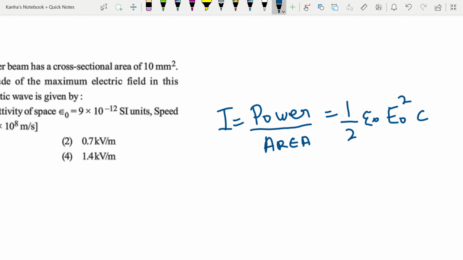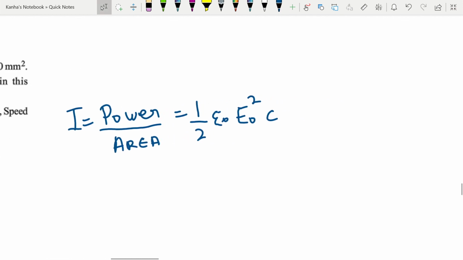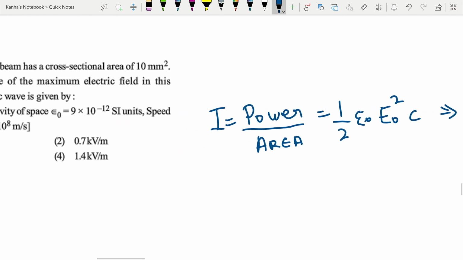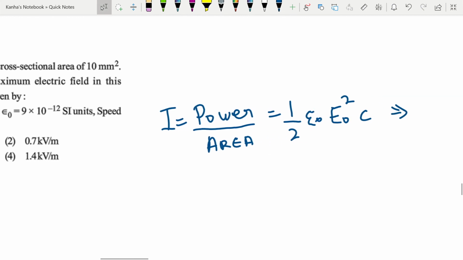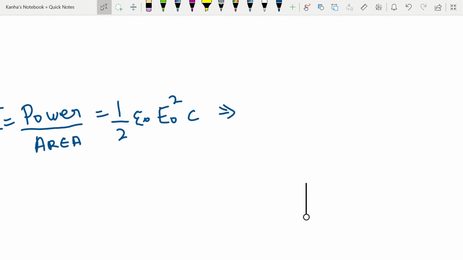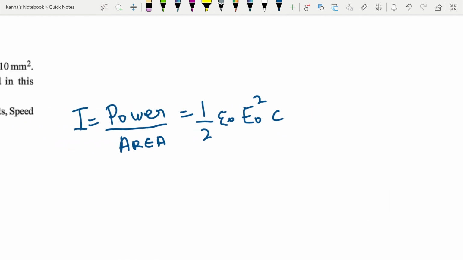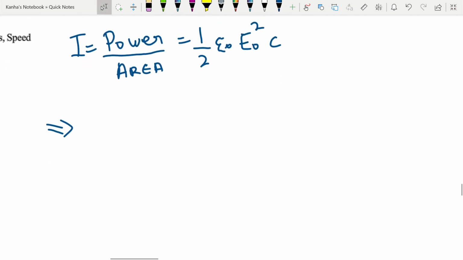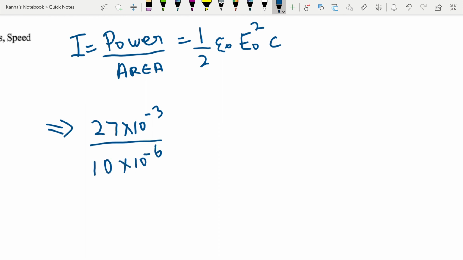Now I can just evaluate this. I already have the value of my intensity because power has been already given to me. I'll write it here. My power is given as 27 into 10 to the power minus 3. My area is 10 into 10 to the power minus 6.